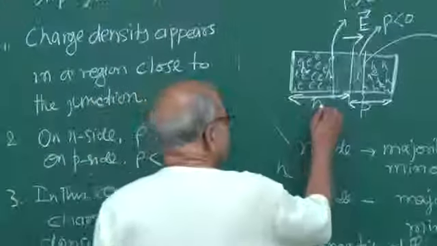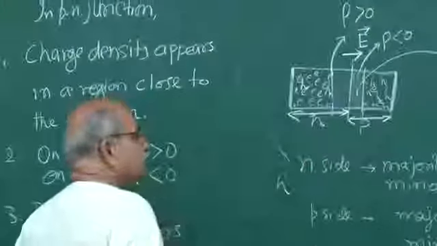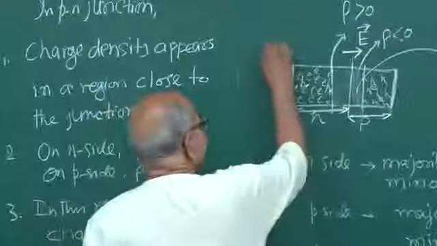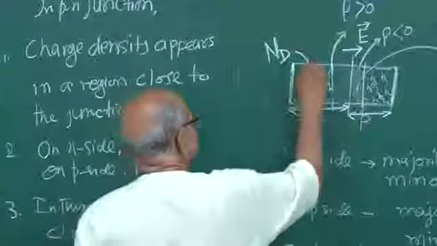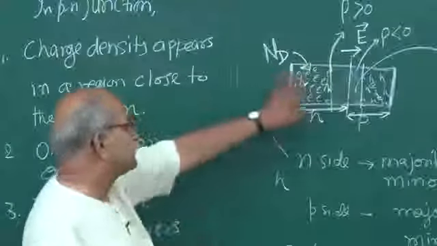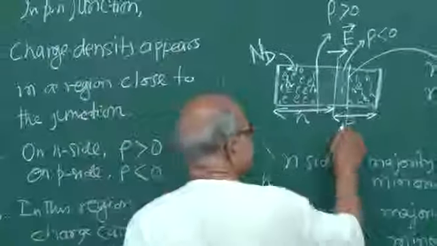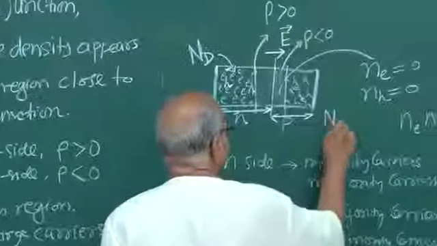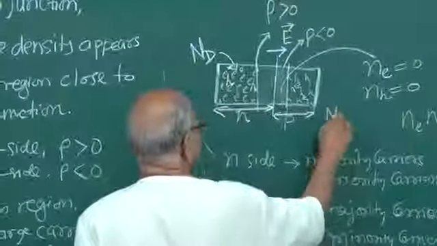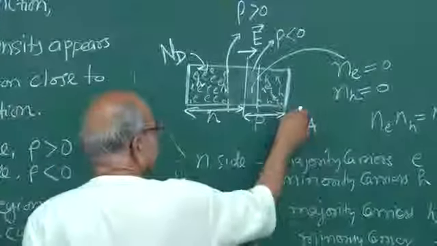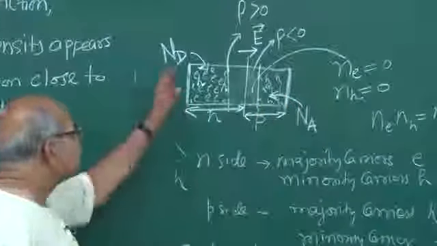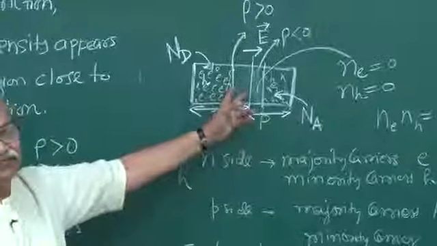So, for n-type we call them donor ions, so Nd is the donor ion concentration, the one we have doped. And this side is acceptor, so this impurity is acceptor. This is the number of acceptors that we have doped per unit volume, Na, and that decides this width.